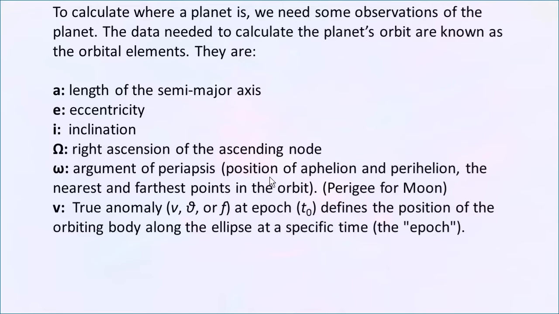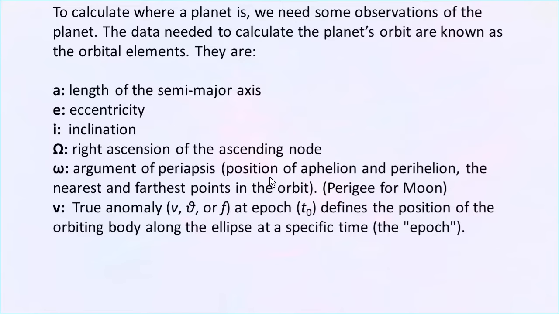That's all there is to it. Let me say it again. We need to know 6 things about the way that planet is traveling in the sky. Once we have those 6 pieces of information, we can apply these formulas, and it will tell us at any moment in time where the planet is.